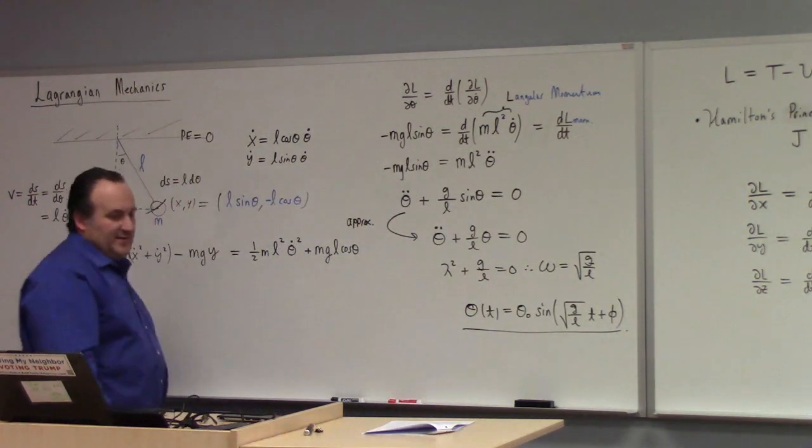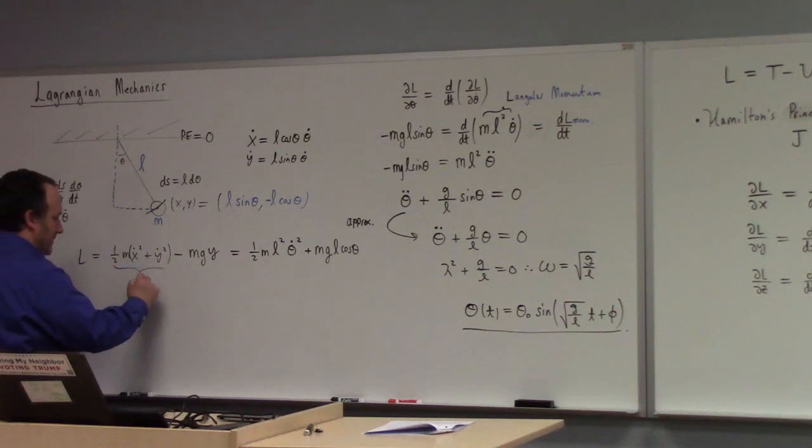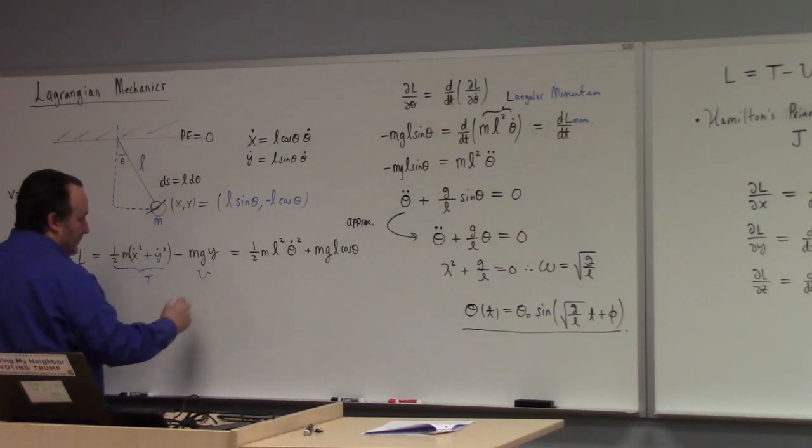I'm trying to use L in two different ways in the same equation. That L on the left is also the Lagrangian? No, this is the Lagrangian. Oh, yeah. So this is T. You almost get it the third time too with that pendulum.